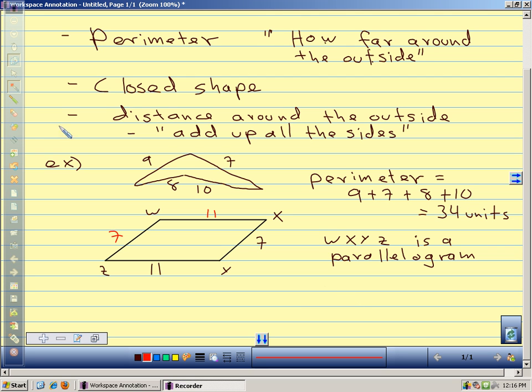So our perimeter then is just adding up the sides. It's 7 plus 7 plus 11 plus 11. And that gives us 36 units.